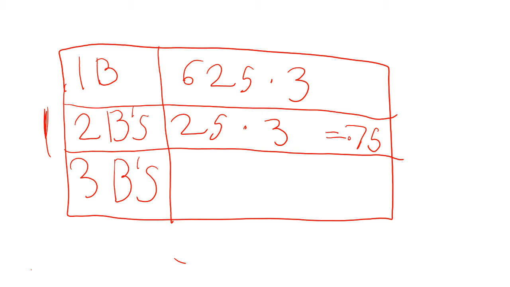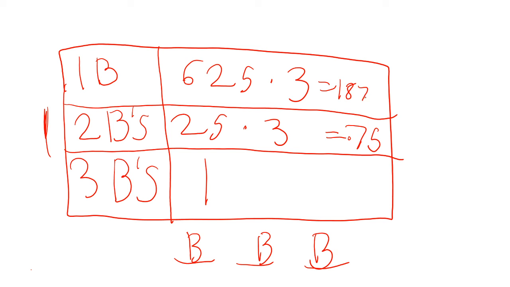And then we have 3 B's, the last one. With 3 B's, that's just one configuration, since there's only one such word, so it's just 1. Now we can add these up.